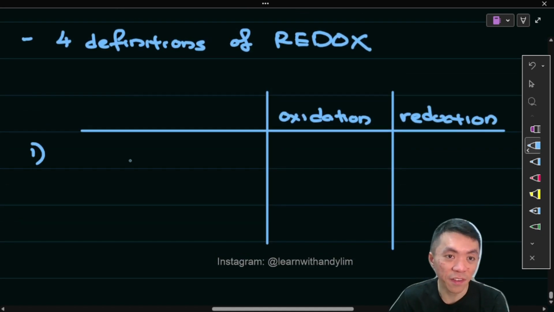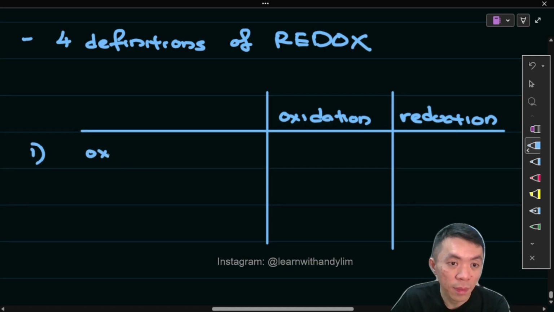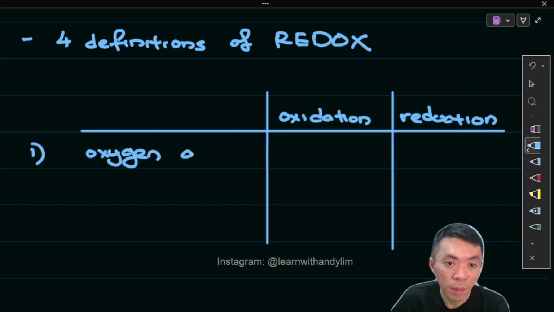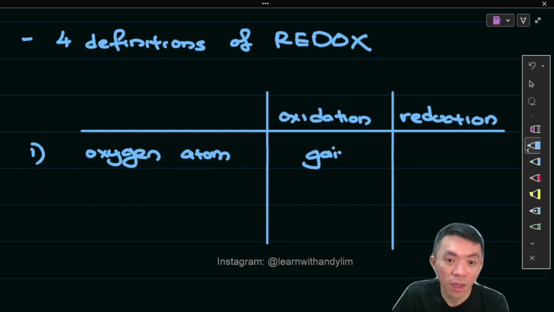The very first definition of redox is in terms of oxygen atom. When a substance is experiencing oxidation, the substance will gain oxygen atom.